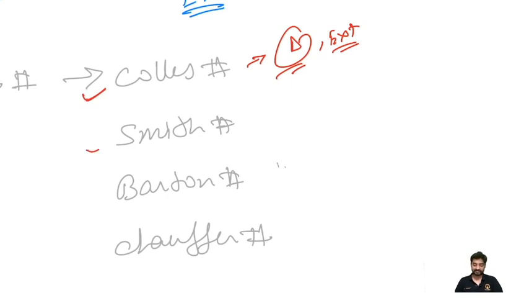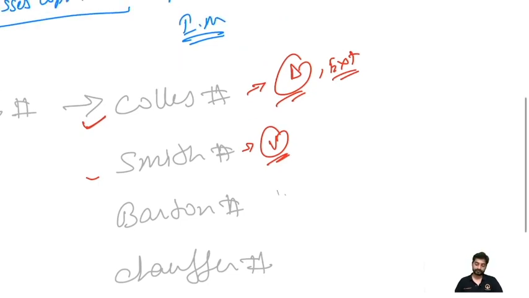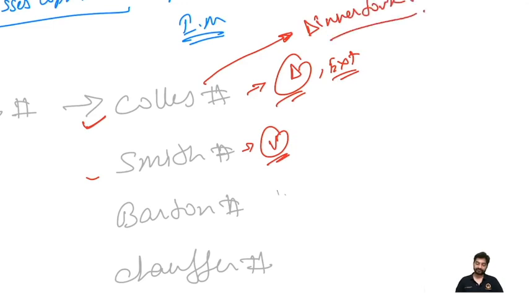Whereas in Smith fracture, the displacement is volarly. It's also an extra-articular fracture, but the displacement of the distal part will be volarly. In the malunited Colles fracture, the deformity will be a dinner fork type of deformity, whereas in Smith the deformity is your garden spade type of deformity.